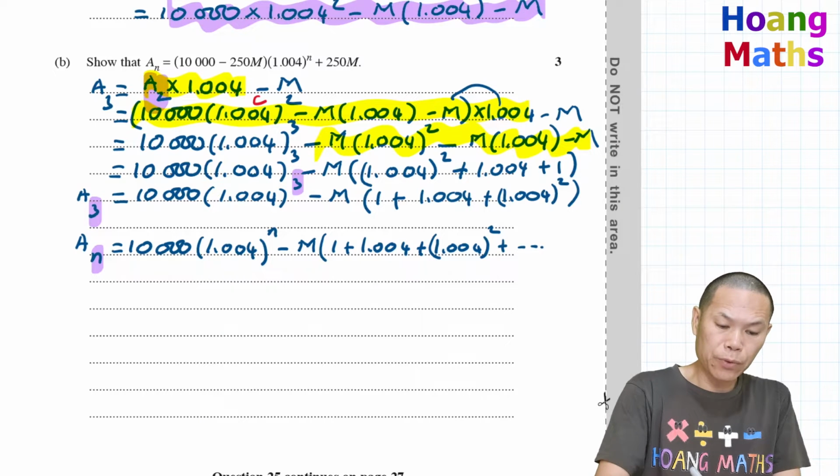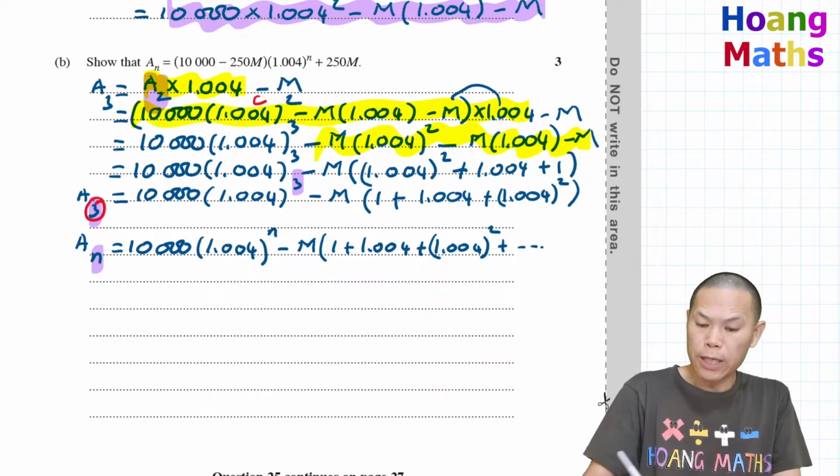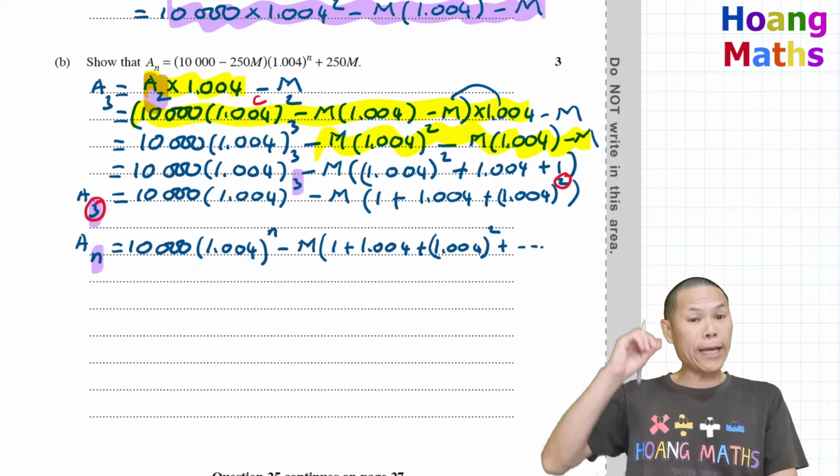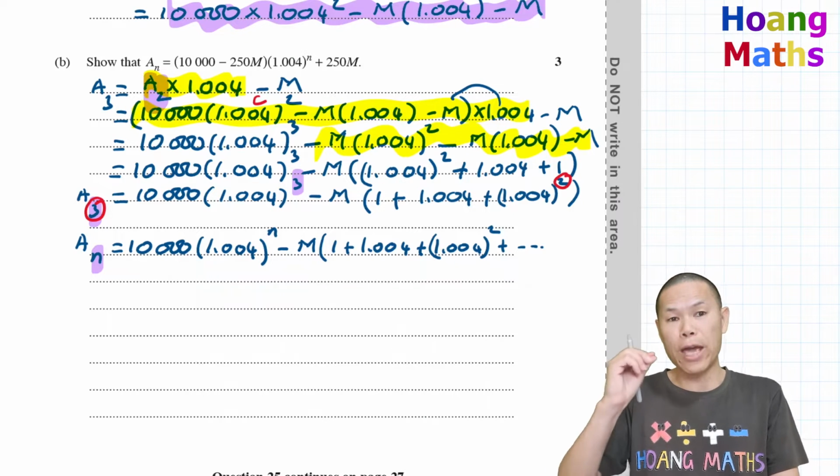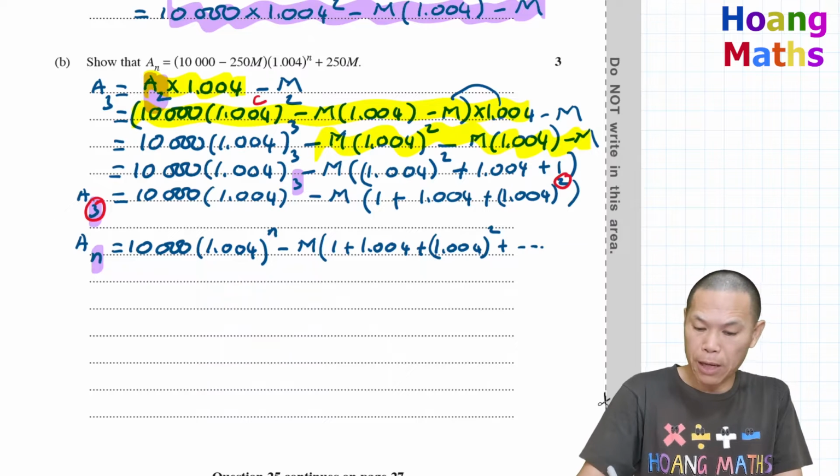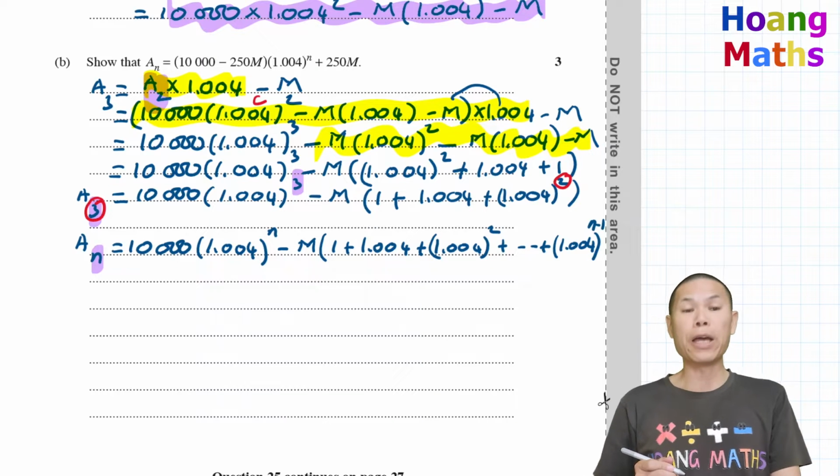Now again, if we have A3, this is power of 2. So An will be 1 less, so n minus 1. So that becomes add 1.004 power of n minus 1. So keep that in mind.